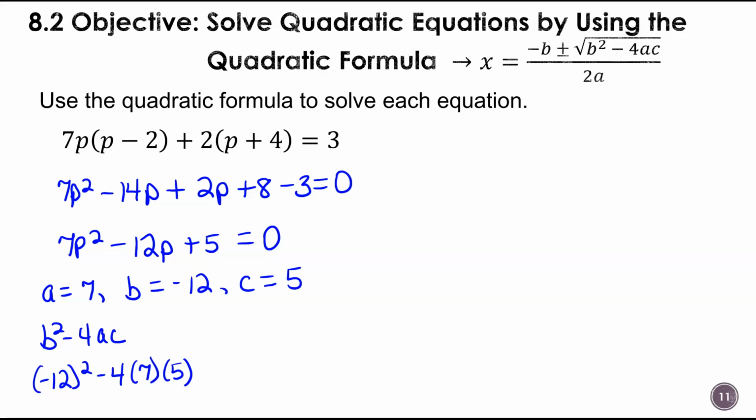And then that's going to be 144 minus, that's going to be 140, which is just 4. Okay. Now I know right away that because I'm going to take the square root of 4 when I get to the formula, this is an equation that would have factored.